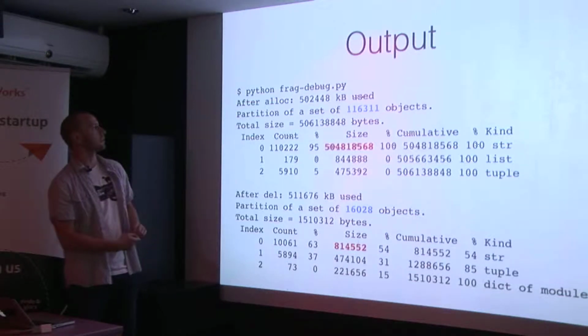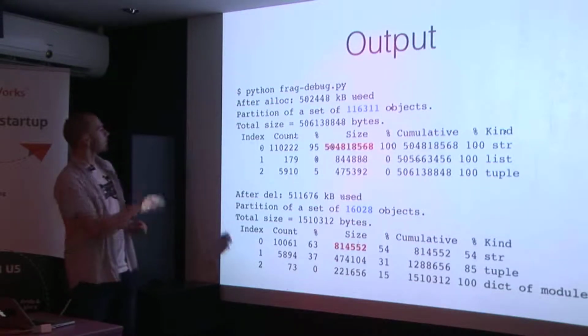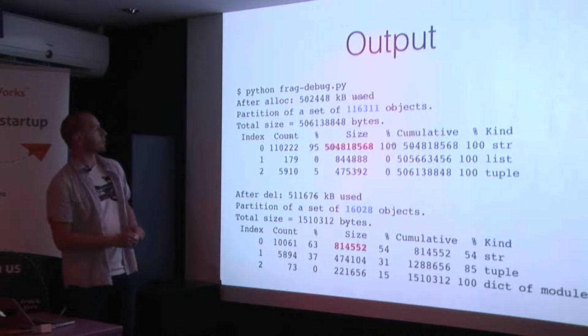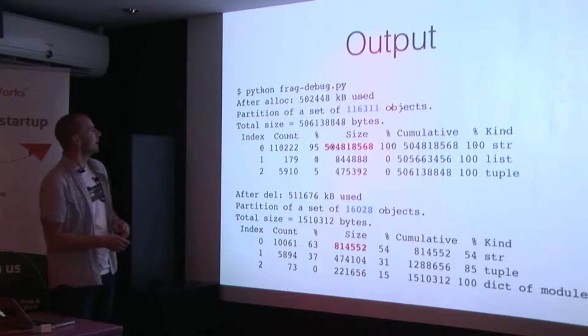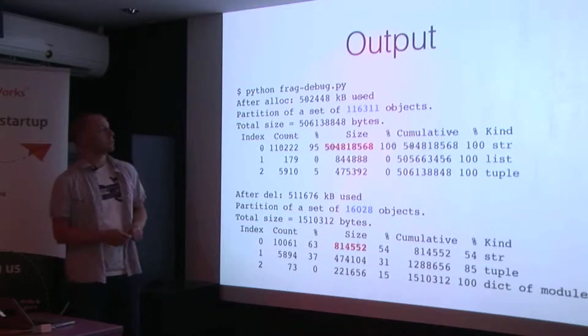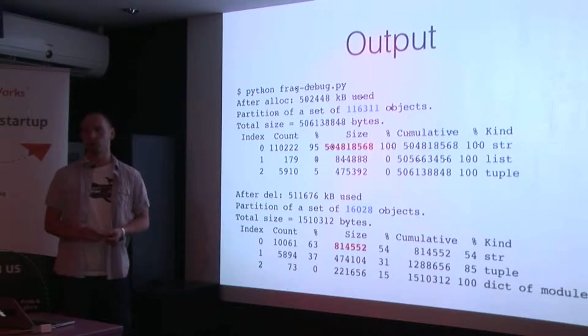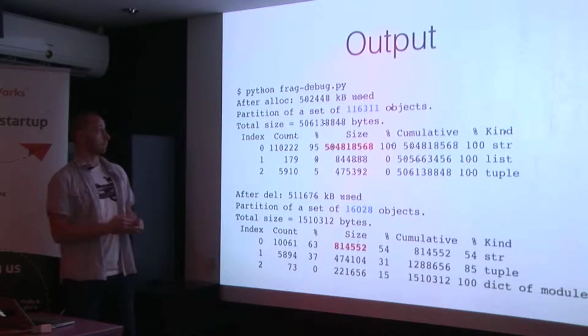Again, this is what the system reports the program is using. Then we have the total number of objects being tracked by Python, and that's 110,000 objects. And the total size is what Python knows about those objects. So this is what Python reports that it has, and it's roughly half a gigabyte. So more or less what we expect.